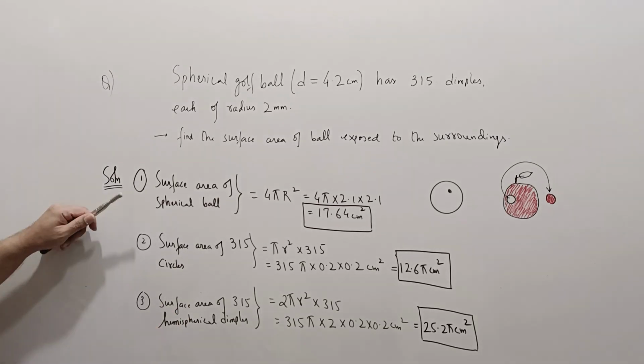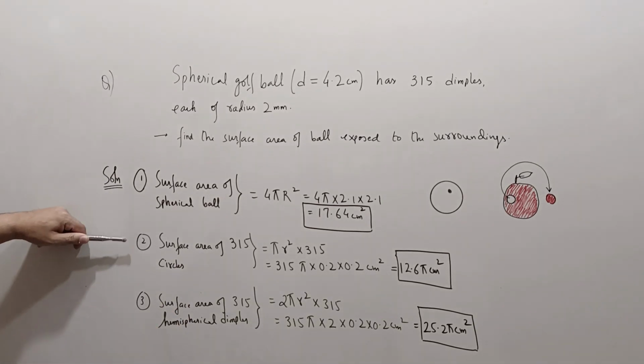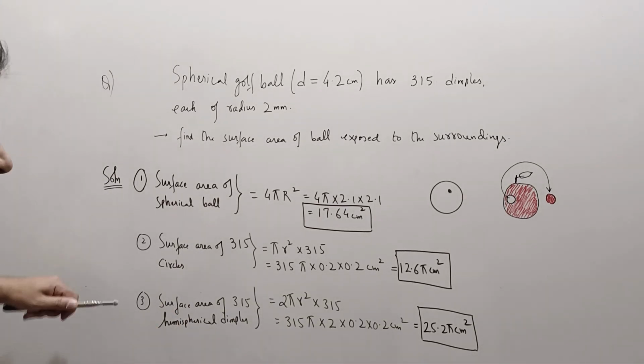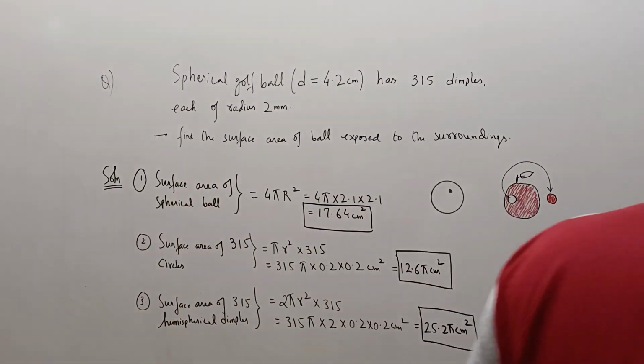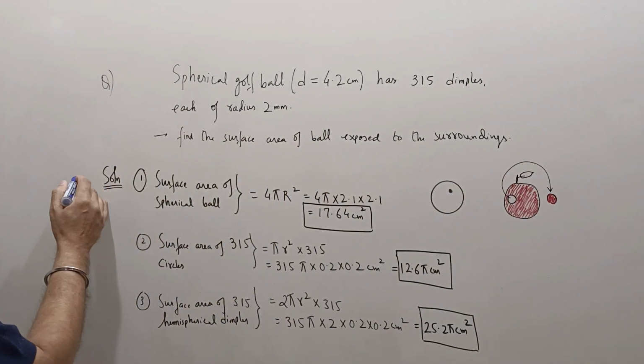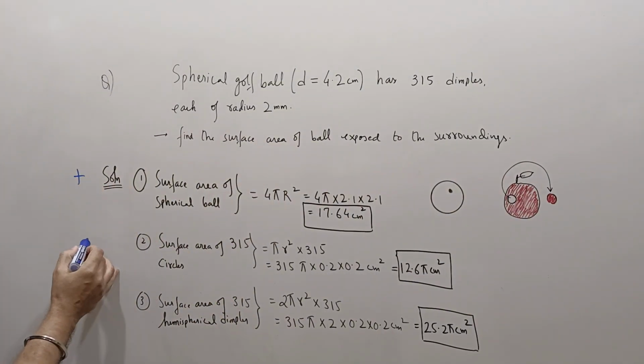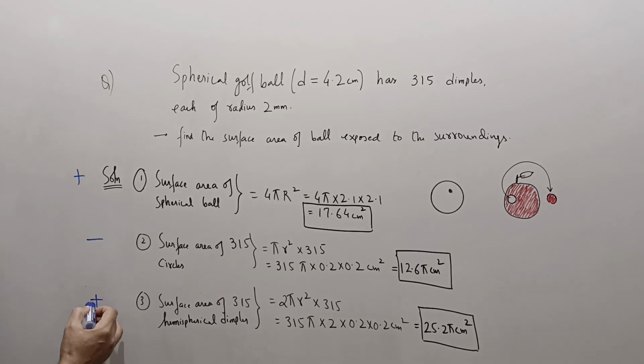End of the day, we had this to start with, we lost this, and we gained this. So the total surface area: here is what we started with, this is what we lost, and this is what we gained.